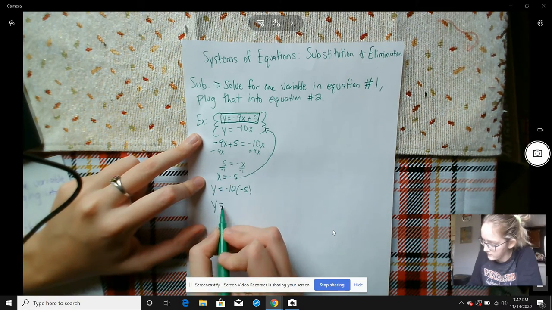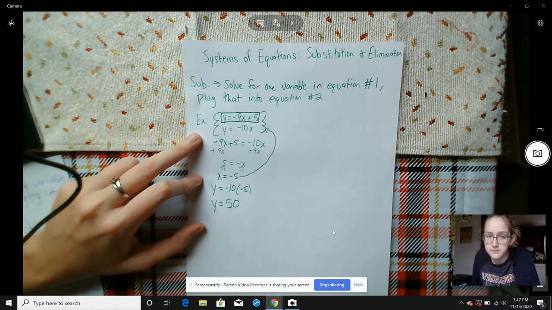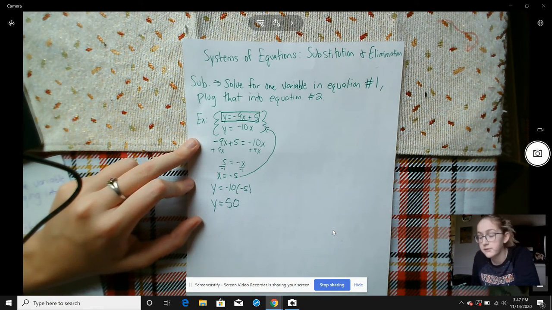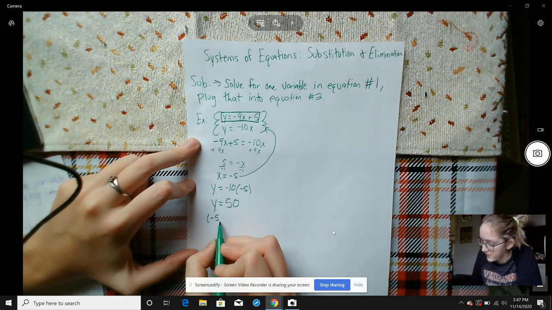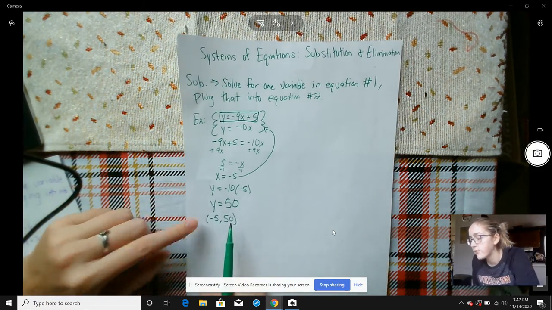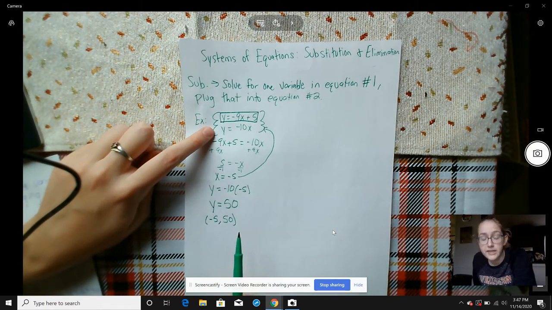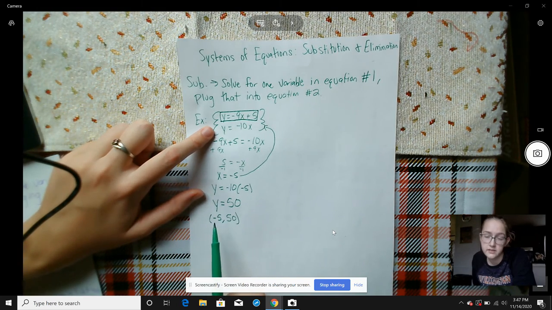That gives us y equals negative 10 times negative 5, which is positive 50. For systems of equations, your answers are always given as coordinate points. A coordinate point is x comma y, so negative 5, 50. That means if we were to graph these on a coordinate plane, this is the point at which those two lines would intersect.